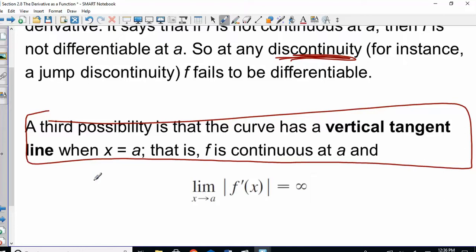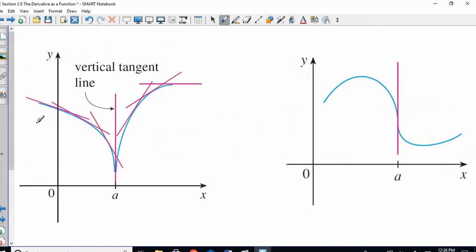A third one is a vertical tangent line. So if your limit is going to positive or negative infinity, then the derivative does not exist. So in terms of a graph, sometimes it's easy. You can see like you would have a vertical asymptote, that's a vertical tangent line.